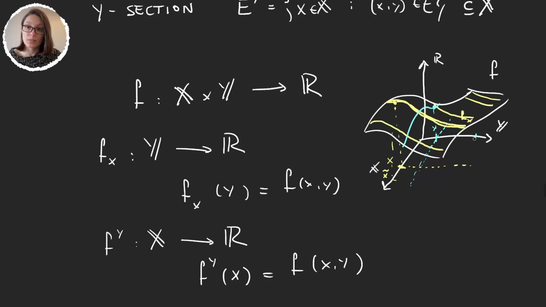And again, for another value y, it's going to be all these values that have this domain. So it's going to be something like this. So now for functions, my sections, my x and y sections, are new functions that go from the other space to the real numbers.